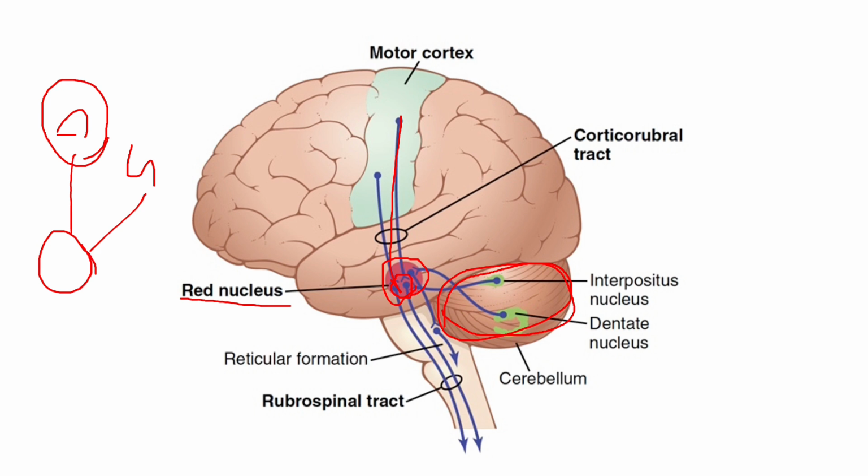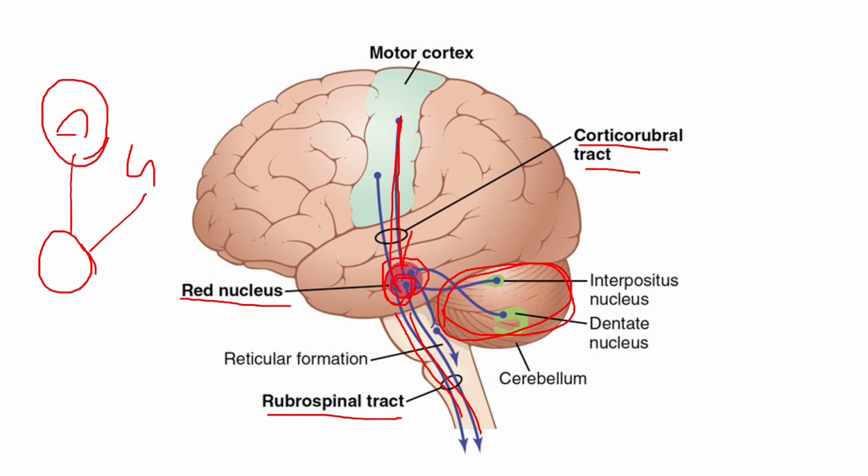So this type of descending pathway is called the corticorubral tract, and then the information here will be integrated and also receive branches from the corticospinal tract. Then it will descend as the rubrospinal tract that accompanies the corticospinal tract, more specifically the lateral corticospinal tract.